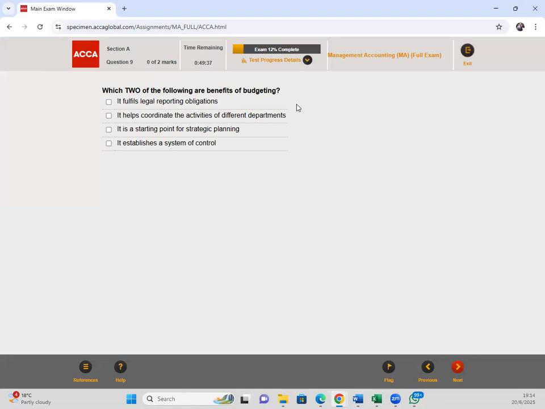Okay, it helps coordinate activities. Yes, budgets can help in coordination, because if we have a budget, it means we have a plan. The plan can tell us what is supposed to be done at each stage.